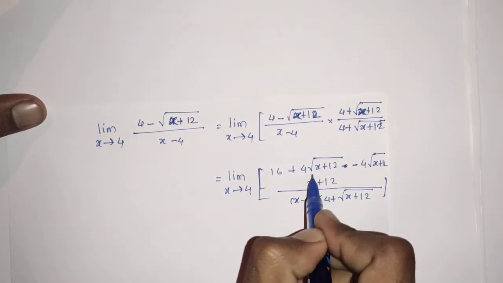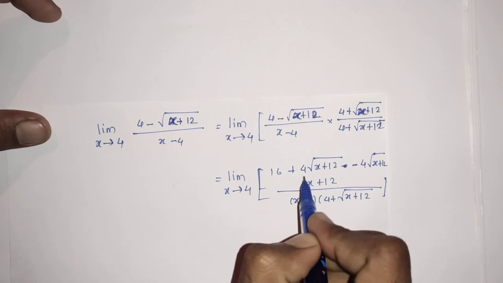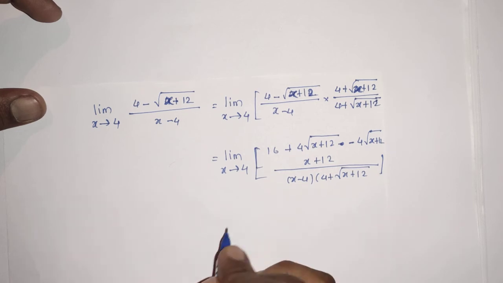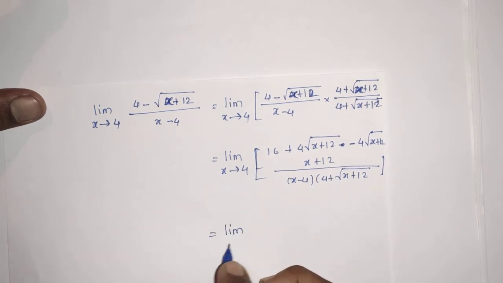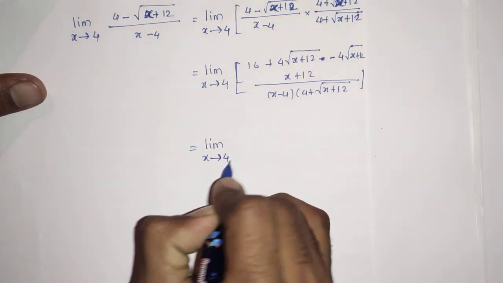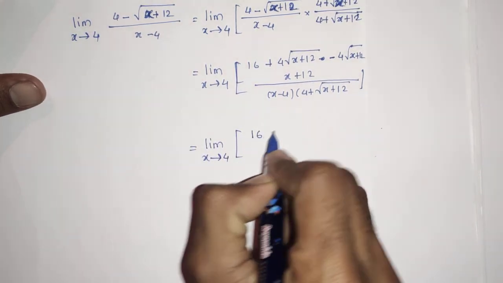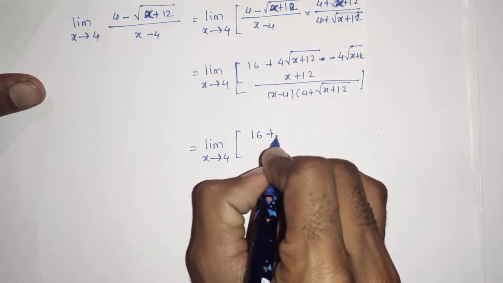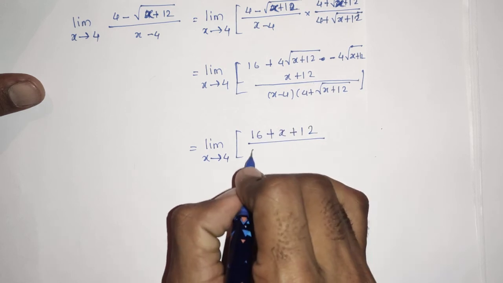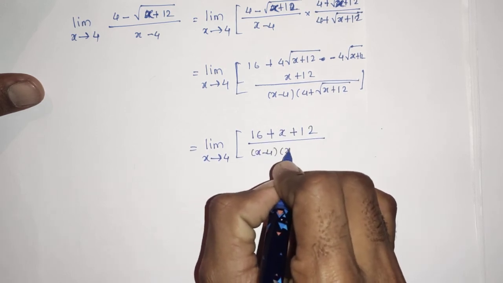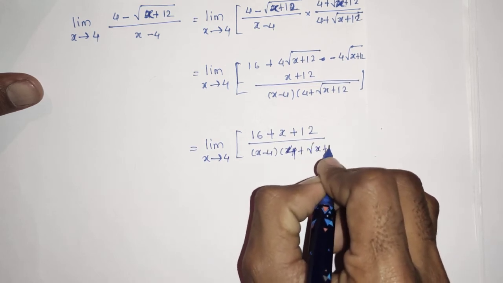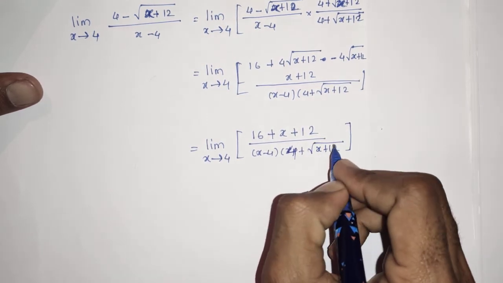Now this positive 4 times square root of x plus 12 and negative 4 times square root of x plus 12 get cancelled. So the limit x tends to 4, here 16, these two terms get cancelled, so minus x plus 12 divided by x minus 4 into 4 plus square root of x plus 12.